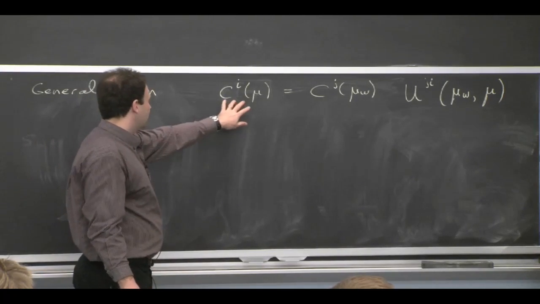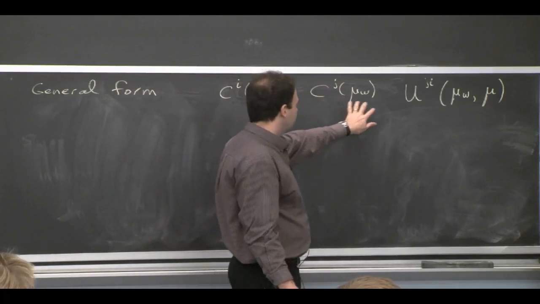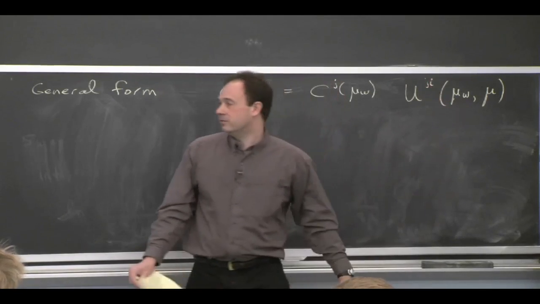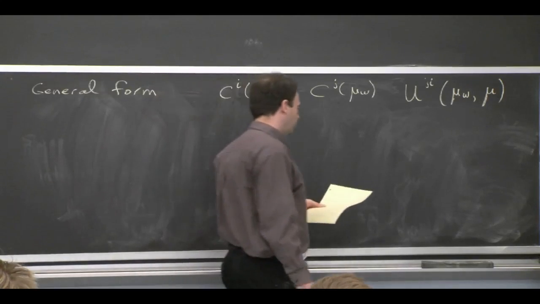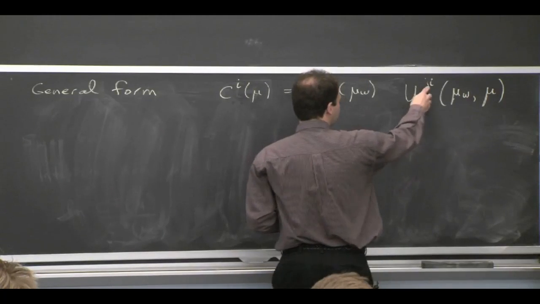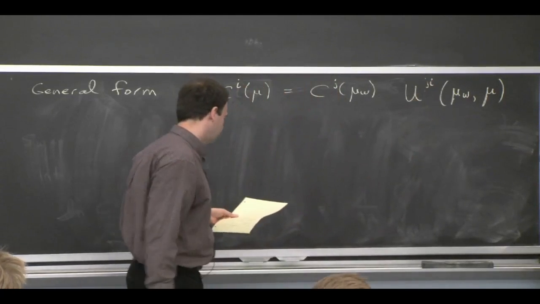And basically it says that the coefficient at one scale is connected to the coefficient at another scale times some evolution factor. In this case, the evolution factor is just the ratio of these alphas to a power. It could be some more complicated function at higher orders, and it could even be a matrix. That's why I've given it indices.